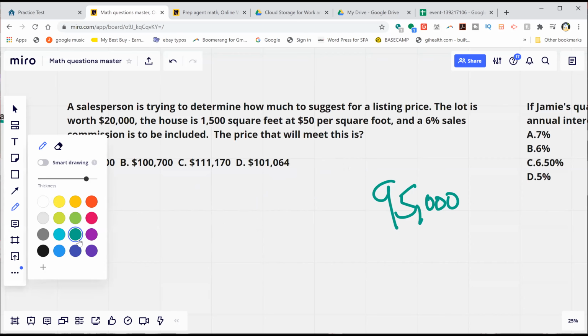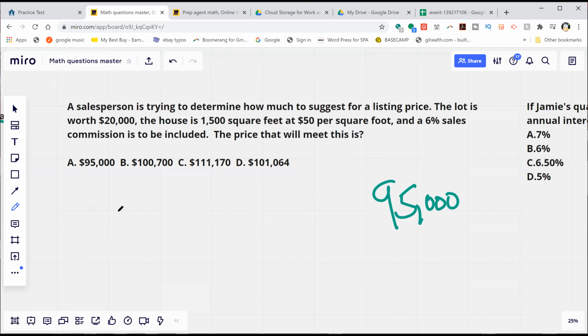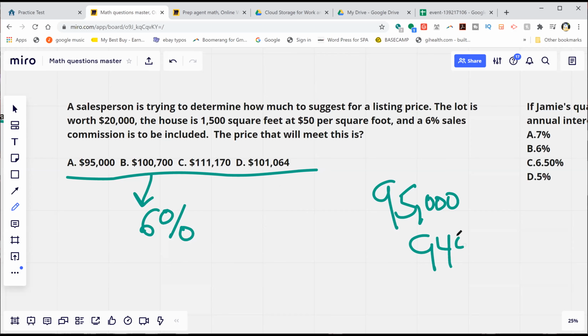Because here's what it says. Okay, it says there's a price. So here are the answers. And what has to be included in those is a 6% commission and then that number. So the fact that they say the commission needs to be included in this, it's not 6% of 95,000, okay? 95,000 represents 94% of the magic number that you need.